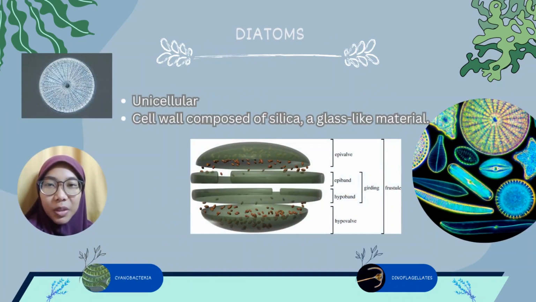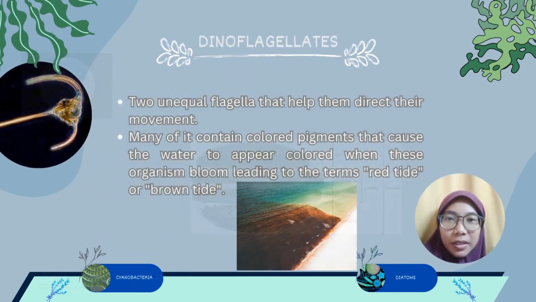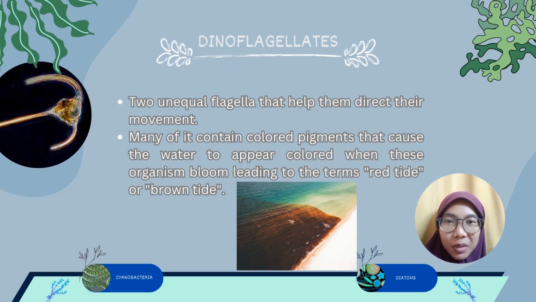Besides, diatoms are unicellular. They have a cell wall composed of silica, a glass-like material, which comprises a shell-like structure called a frustule. Dinoflagellates have 2 unequal flagella that help them direct their movement. Many of these organisms contain color pigments that cause the water to appear colored when these organisms bloom. It leads to the term red tide or brown tide.